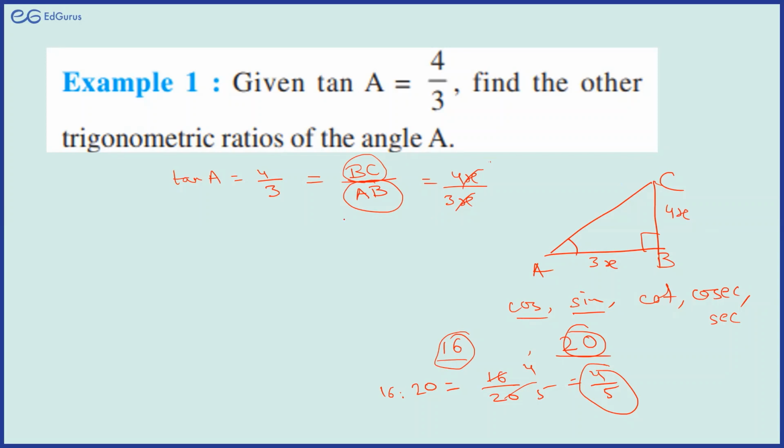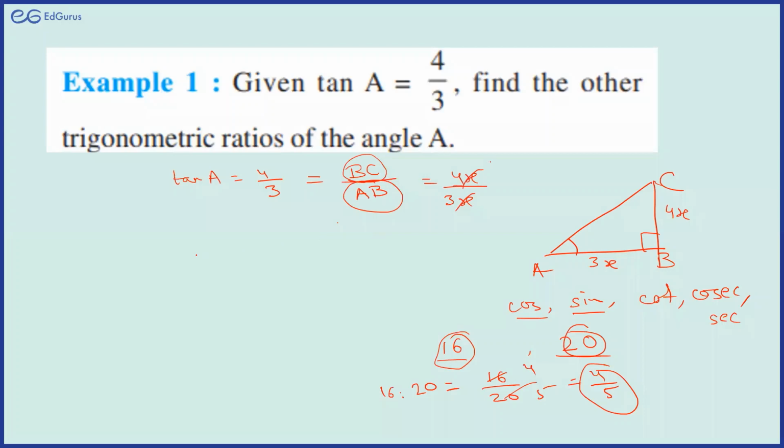If perpendicular is 4 centimeter, AB will be 3 centimeter. If perpendicular is 8 centimeter, AB will be 6 centimeter. Right? Yes, ma'am. So we don't know the exact number. So because we don't know the exact number, we just assume that if this is 4x, AB will be 3x.